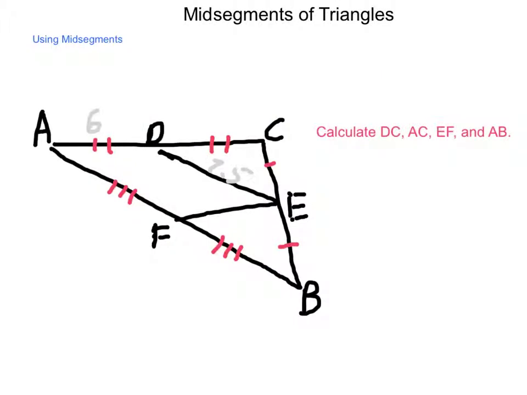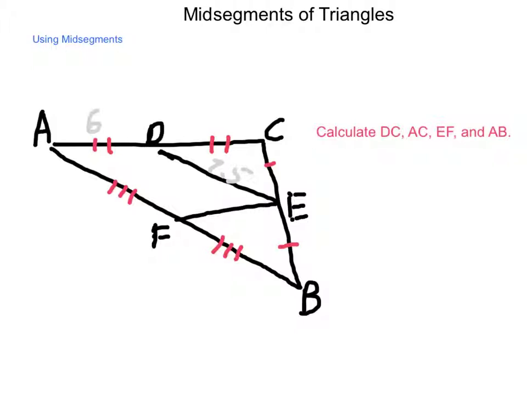So in this diagram, DE is a midsegment connecting AC and BC, and EF is a midsegment connecting CB and AB. We know that AD is 6 units and DE is 7.5.